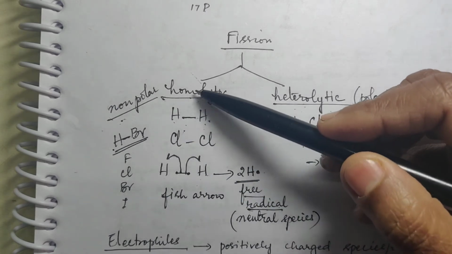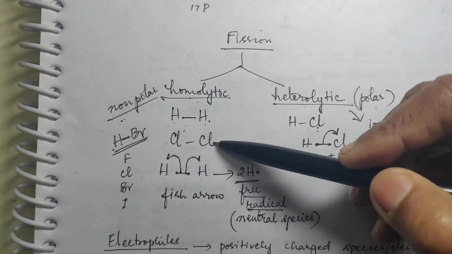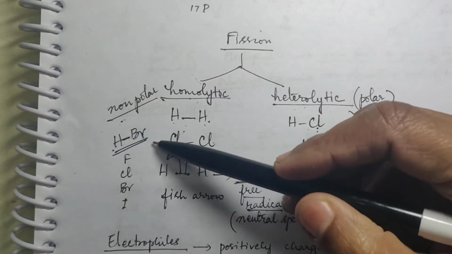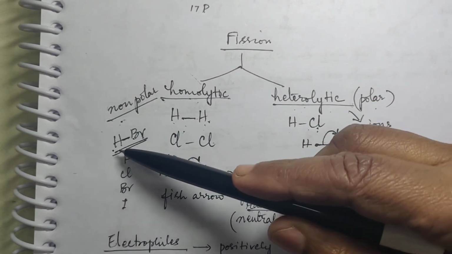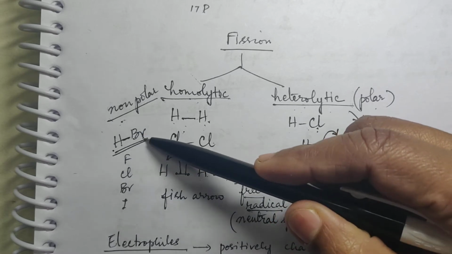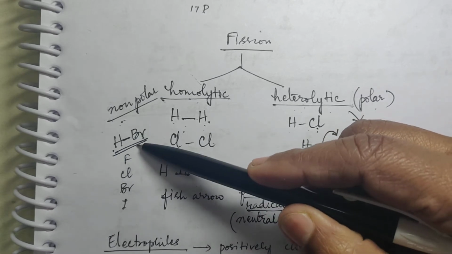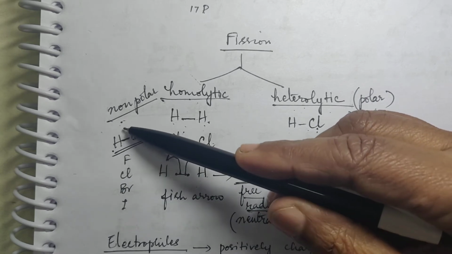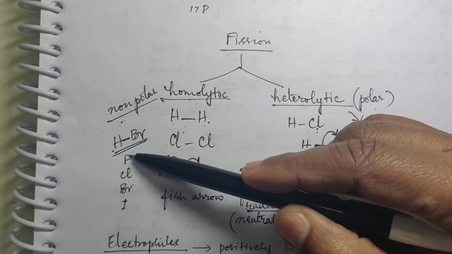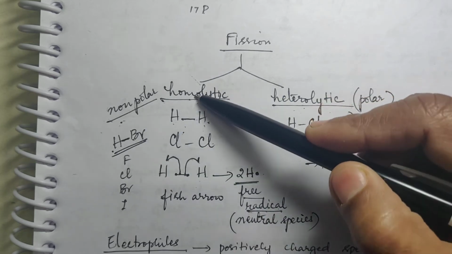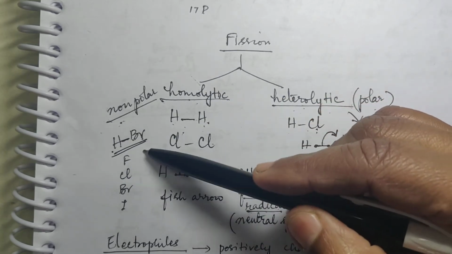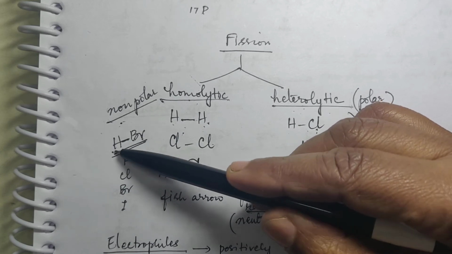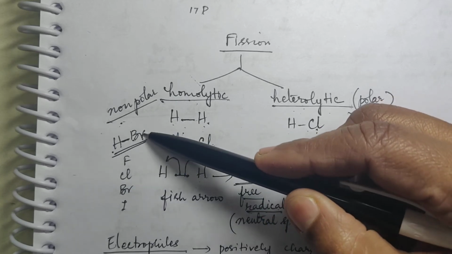When you say non-polar, they are between like atoms, but in certain cases, like in the case of HBr, the electronegative character of hydrogen and Br is almost the same. So, though they are two different atoms, when there is fission between this hydrogen and Br, it is considered to be homolytic, and HBr undergoes cleavage to give you free radicals, hydrogen free radical and bromine free radical.